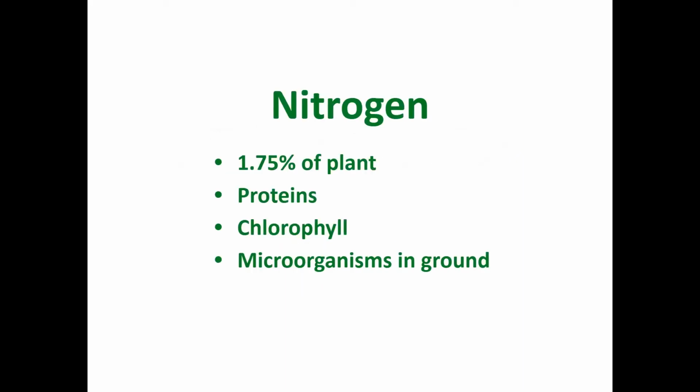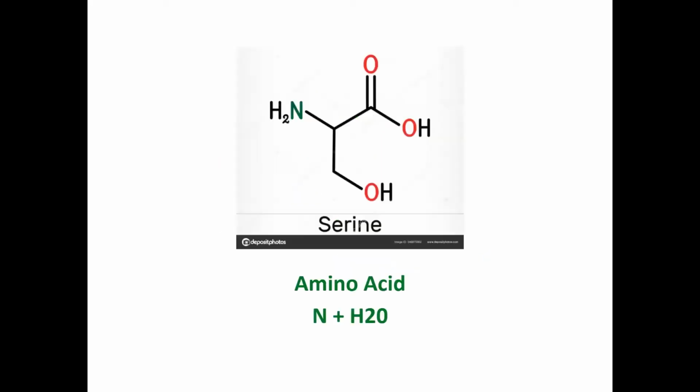The next element is nitrogen. This is 1.75% of the plant mass. It is used in proteins and to make chlorophyll. And nitrogen has to be fixed by microorganisms in the ground, which means that if you don't have those organisms, your plant will suffer from a lack of nitrogen unless you feed it with a fertilizer.